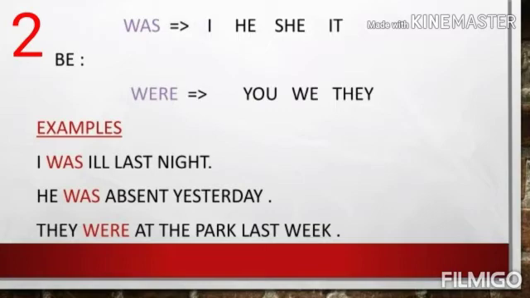So the simple past of verb to be is was and were. Let's see some example. I was ill last night. He was absent yesterday. They were at the park last week. So the simple past is was and were. And also here we use some adverbial of time, like last night, yesterday, last week.